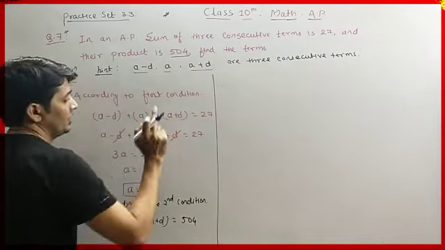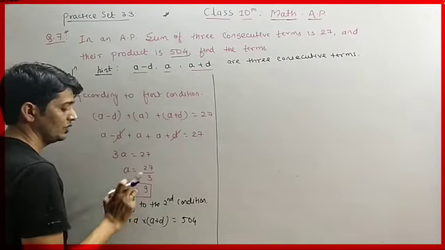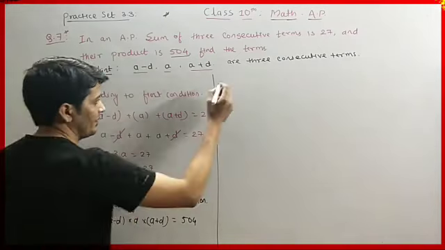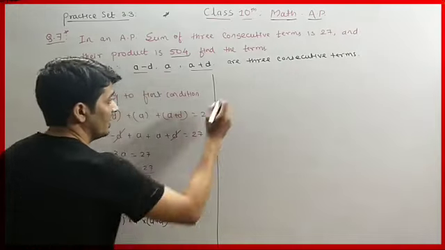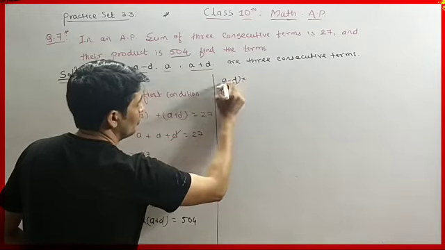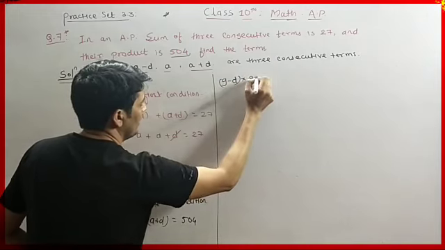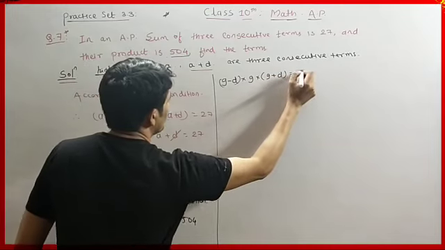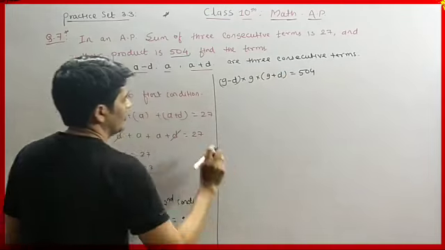Now since we have A equals 9, we will place 9 wherever we get A. Therefore, it will become 9 minus D into 9 into 9 plus D, which equals 504.